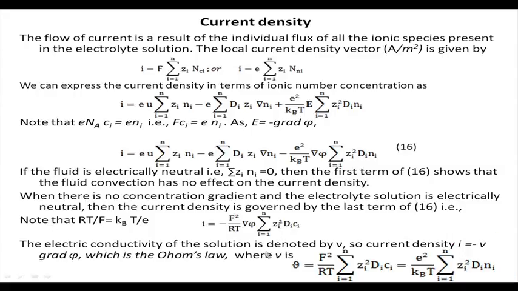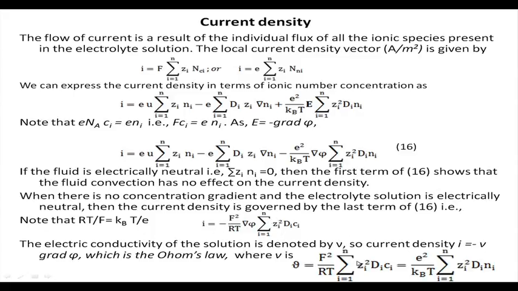We define the electric conductivity of the medium by this relation, this nu. So nu we define as the electric conductivity. What we find is that this is basically Ohm's law: I equals minus nu grad phi.